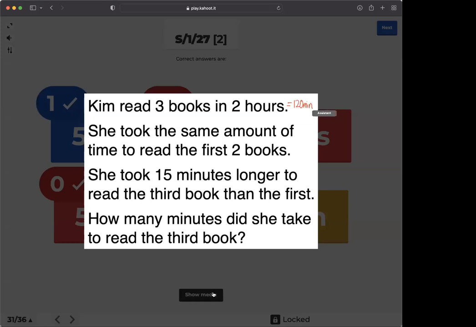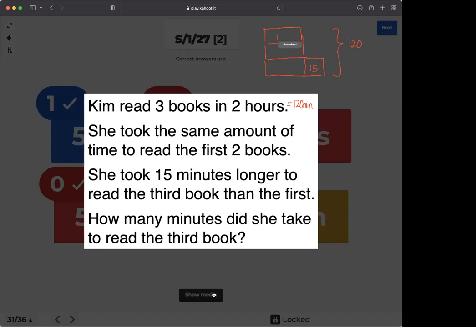So can we use a model to do the first two books? The first two books have the same amount of time. The third book has another extra time plus another 15 minutes. So this is the 3 books, and in total they use 120 minutes.